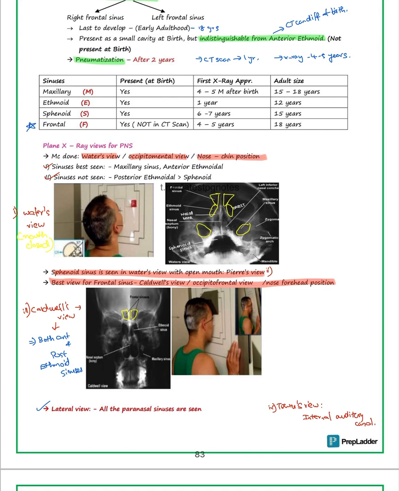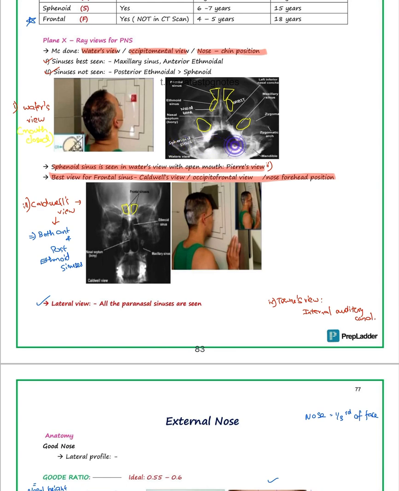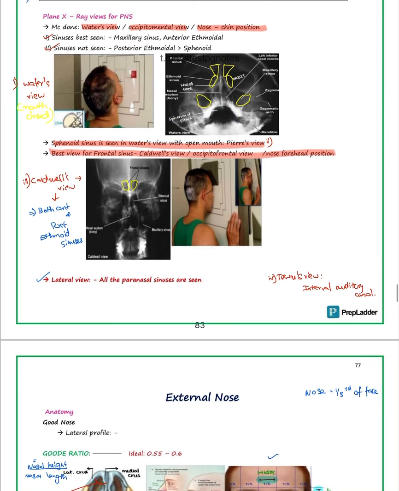That is, we place the nose and chin towards the board and take a posteroanterior X-ray, so the sinuses get projected on the X-ray. You can see the maxillary sinus, then the anterior ethmoidal cells and frontal sinuses may be seen, but not clearly. The posterior ethmoidal and sphenoid sinuses are never seen, or can be seen only as very small or unclear.